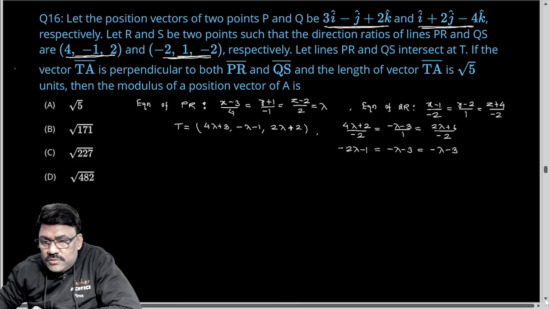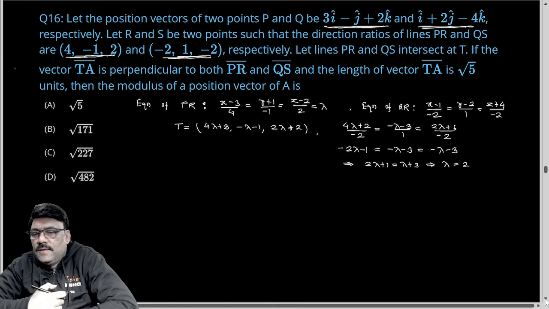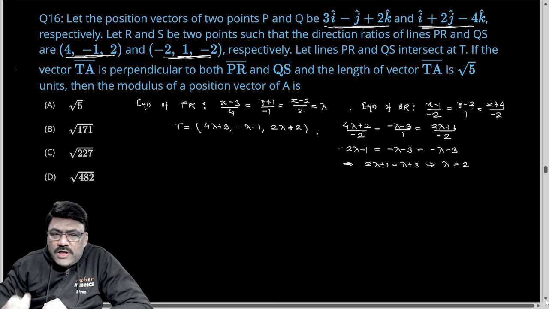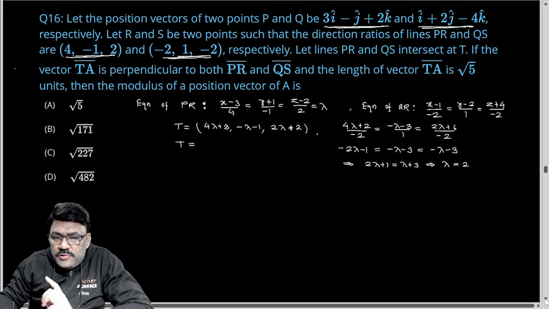Now if I solve the first two, I am getting 2 lambda plus 1 is lambda plus 3. So lambda will be 2. That means I got the T point. Just put lambda 2 here, so it is 11, minus 3, and 6.